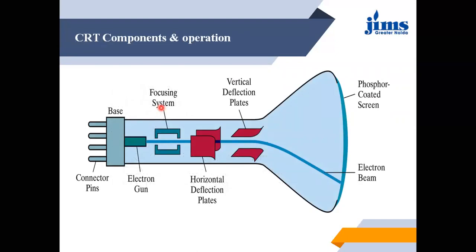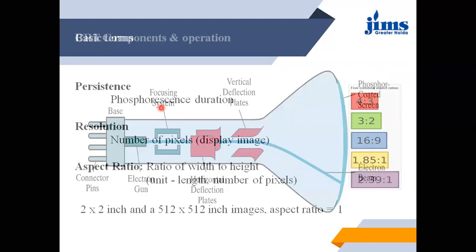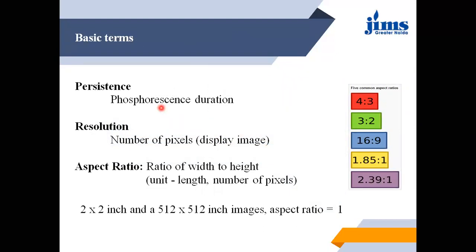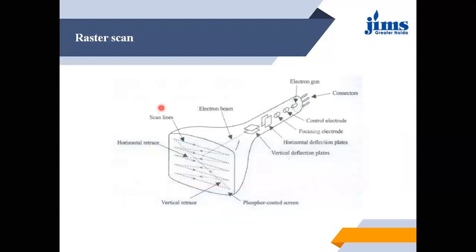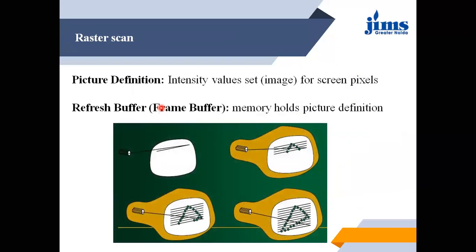Then we discussed the control of the electron beam using the CRT, cathode ray tube. Then we discussed the basic terms that are used, that is persistence, resolution and aspect ratio. Later we discussed pixels and the scan line. Then raster scan, meaning whatever is going to be displayed scan line by scan line.